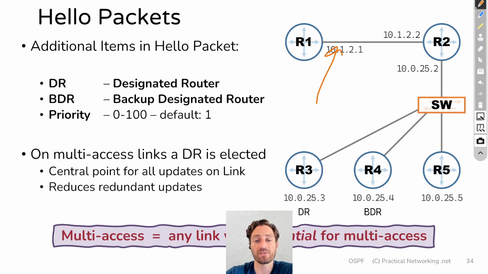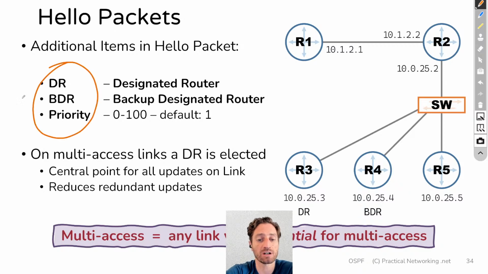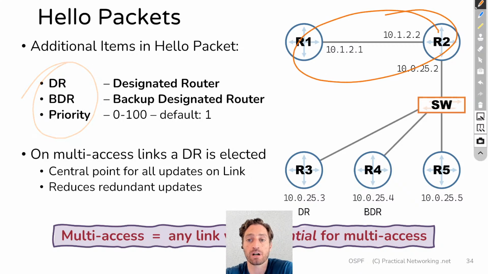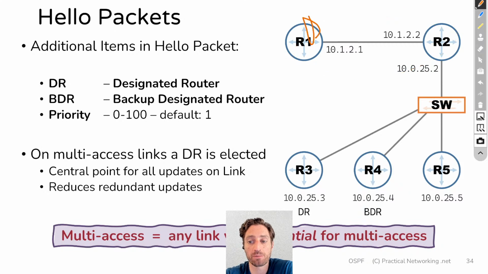Since this is plugged in via Ethernet, which is technology that supports multiple access, there is the potential for multiple routers, and therefore a DR and BDR election will happen on this link. One of these would become the DR, and then the other one would become the backup designated router, depending upon the priority numbers for each of those interfaces.